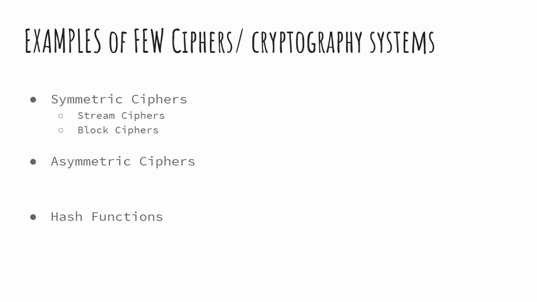In symmetric ciphers, both encryption and decryption can be done using the same key. In asymmetric ciphers, we use a public key and a private key to do encryption and decryption. And hash functions are a kind of one-way cryptography system where there is no way of getting back the original message from a given ciphertext.